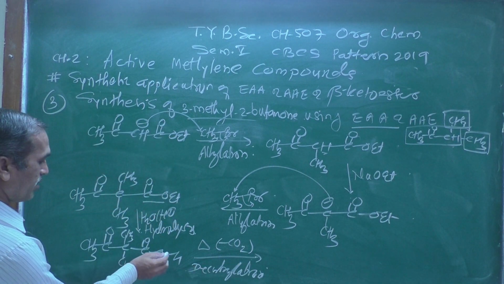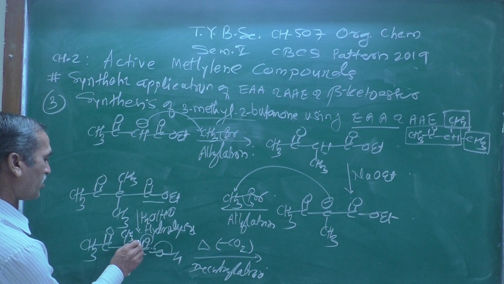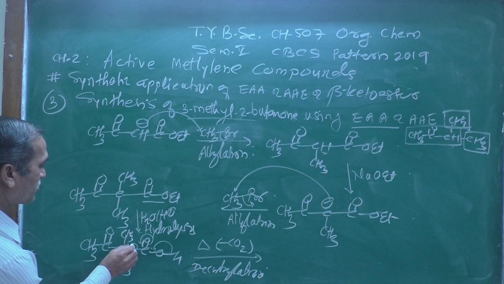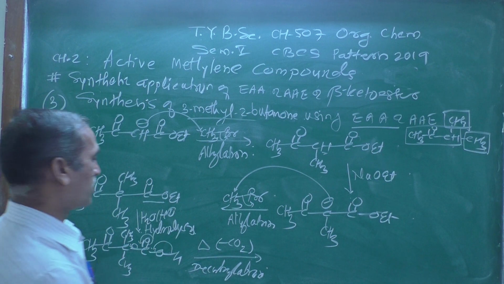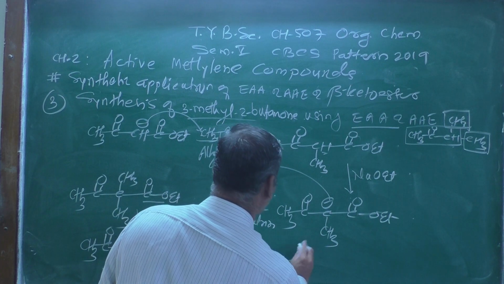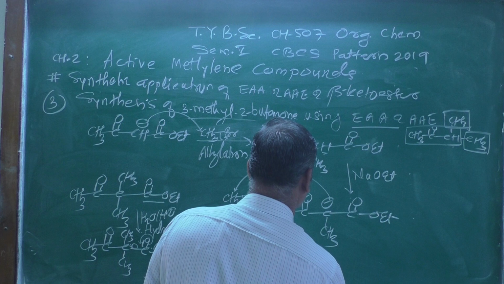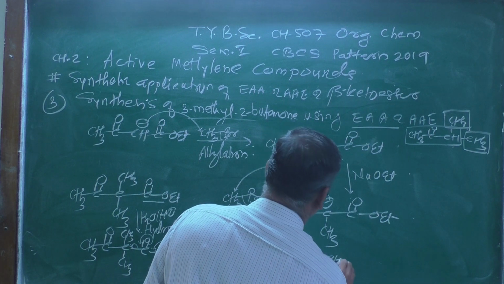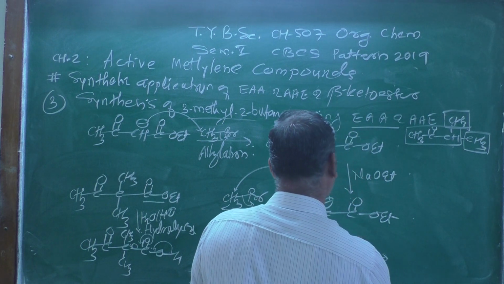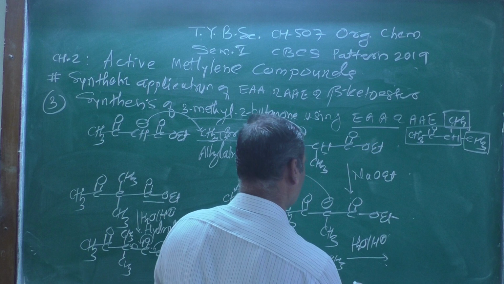Decarboxylation. What is happening here? This forms a double bond, this double bond revolving around it, retaining as it is, and negative charge is forming on this carbon atom, so that you will get here CH3, then C double bond O, then minus charge, CH3, another CH3 over there, and finally do the hydrolysis, H2O in presence of H plus.